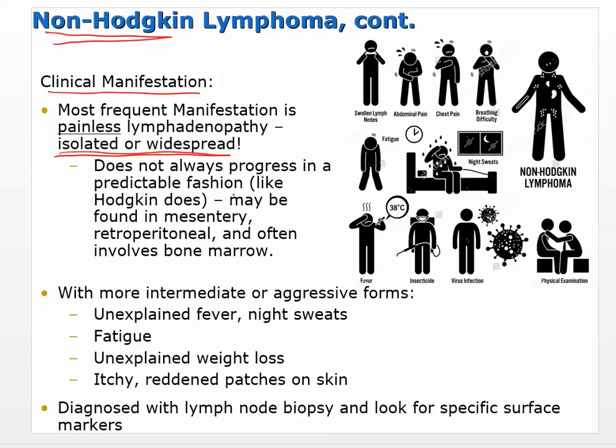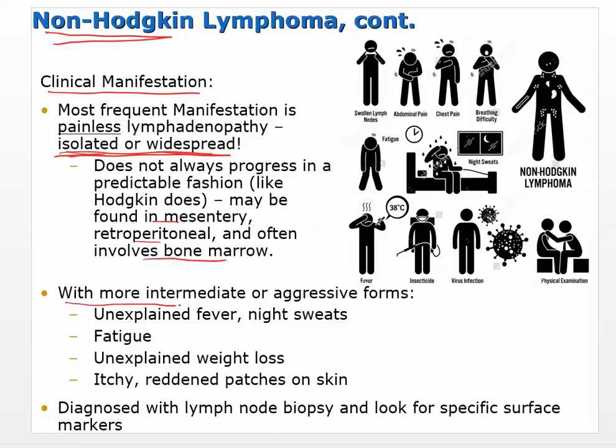Where Hodgkin may go from node to node very predictably, this one may be found in the mesentery, retroperitoneal, often involves bone marrow, usually in someone who is immunocompromised, but it's a little less predictable. So it can be isolated or it can be widespread.